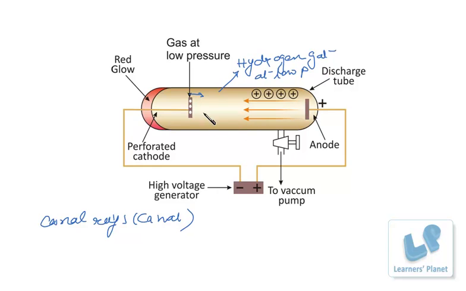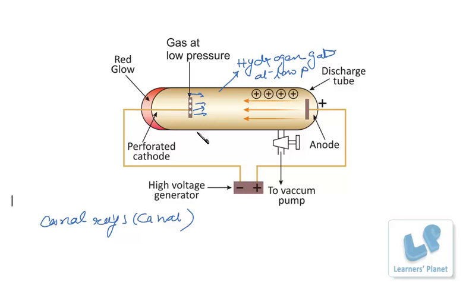Now see what happens. He gave a wonderful explanation. When the electric discharge, or the electric current, is passed through this discharge tube containing hydrogen gas at very low pressure, the cathode will produce cathode rays.